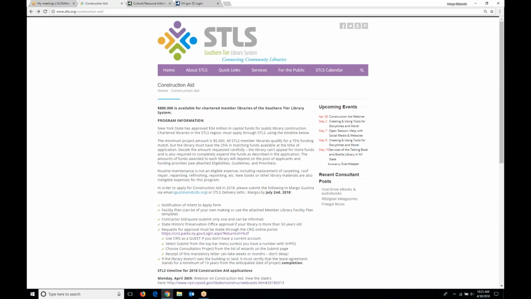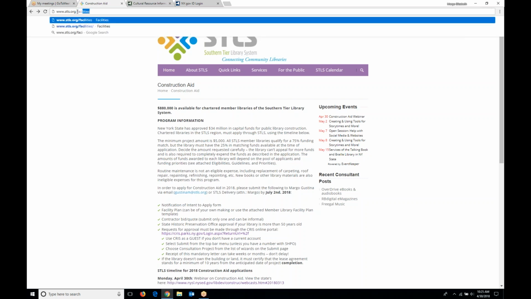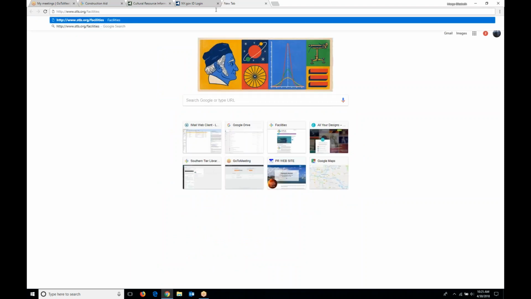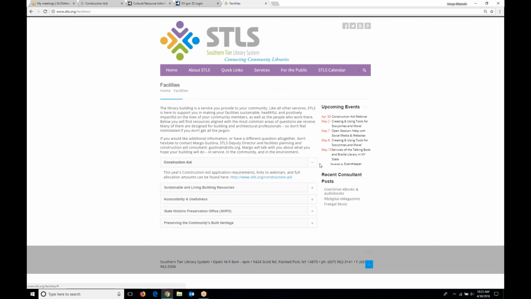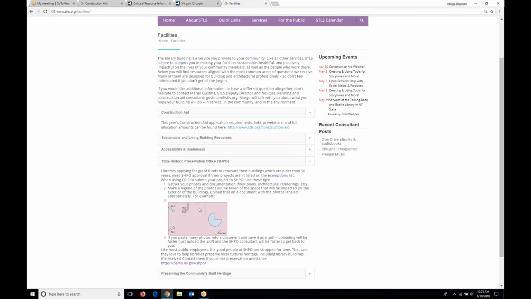please go to stls.org/facilities. There you'll see, of course, a link to construction aid, but also tips on how to take photos and label them and then add them to a document that you change into a PDF for uploading on the CRIS system.